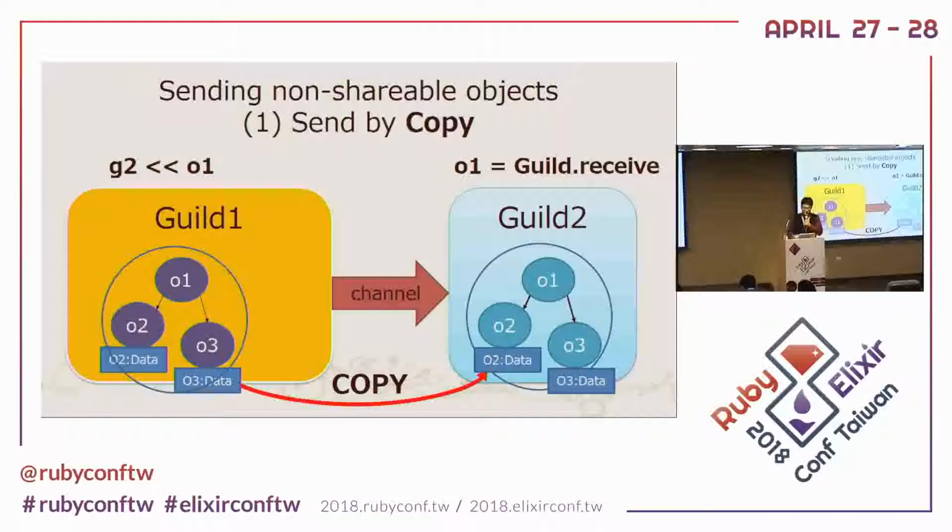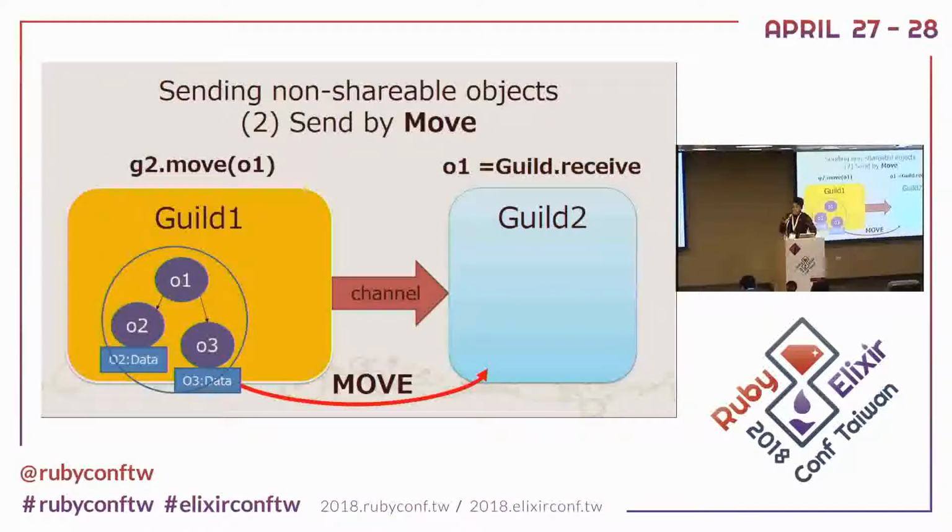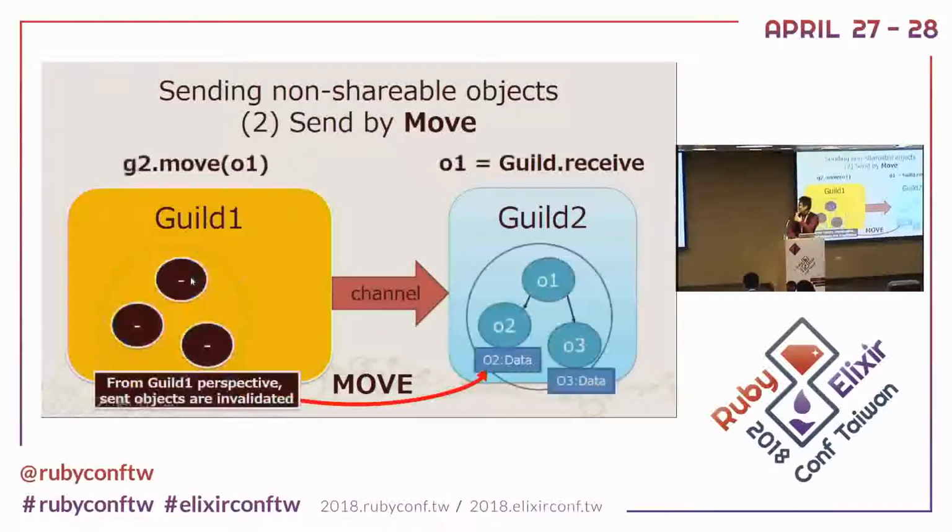If we need to send non-shareable objects, option 1 is to copy everything. If we want to copy object O1 from guild 1 to guild 2, then we need to copy everything O1 references. Or we prepare another option: moving. Moving means that if we move the O1 object, it invalidates access from guild 1.